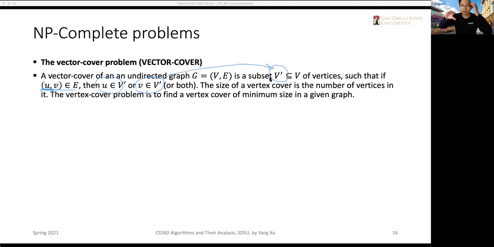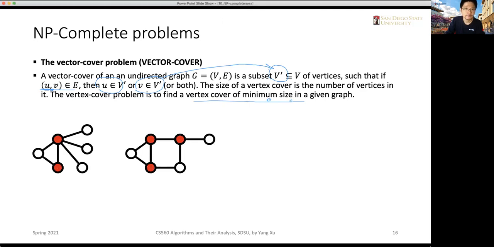Basically we want to use the selected subset to cover all the edges, right? So we want to find a vertex cover of minimum size, and that is the problem defined here. For example, if we select these two vertices, they actually cover all the edges, right?